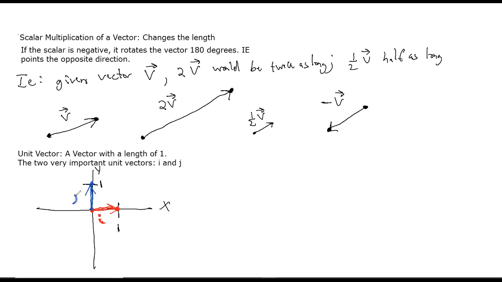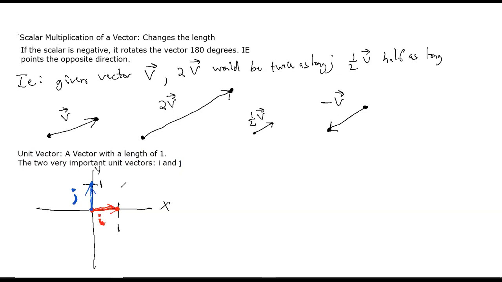That is the vector j, and again, I am bolding that as best as I can. There we go. These are the two most important unit vectors of your life.